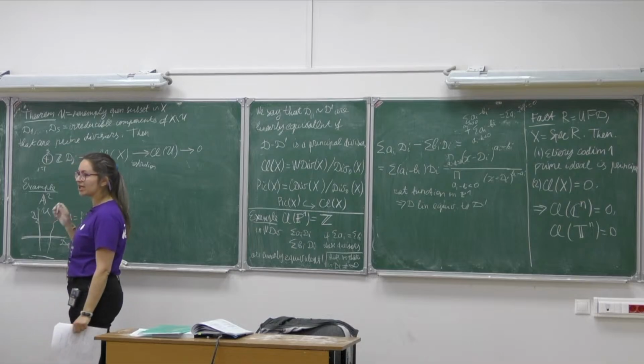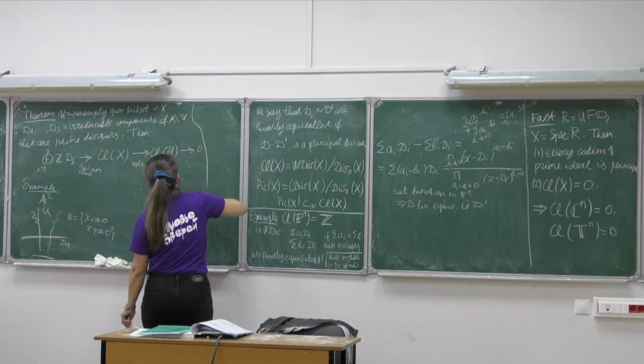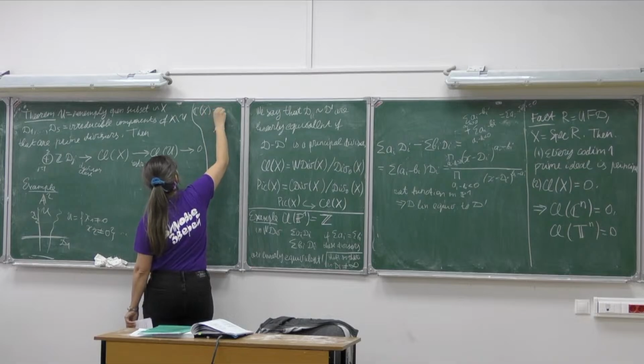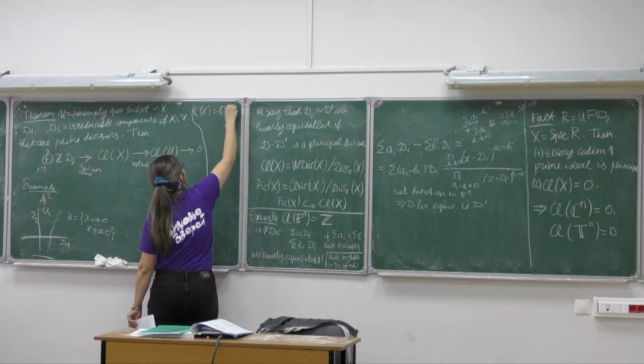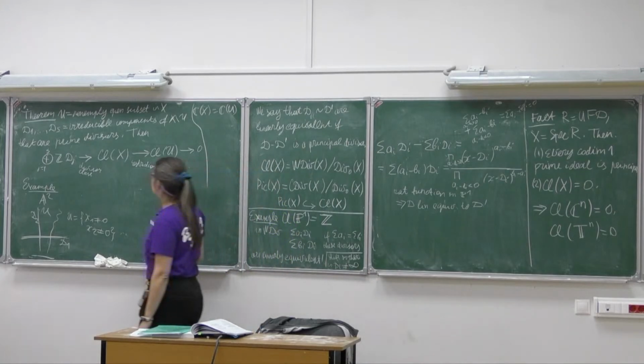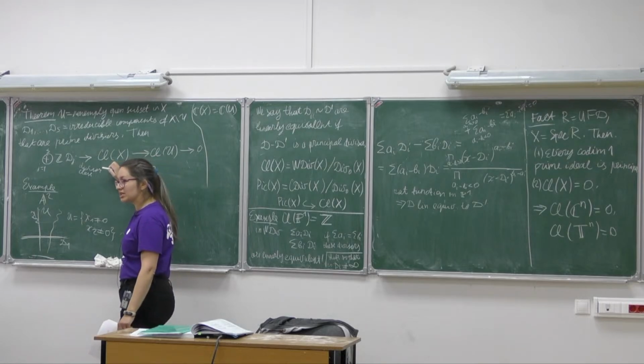Since we assume that X is irreducible, we have that the rational functions are the same. So if you quotient by some principal divisor here, you can quotient by the same principal divisor here. So at this level, everything is correct.